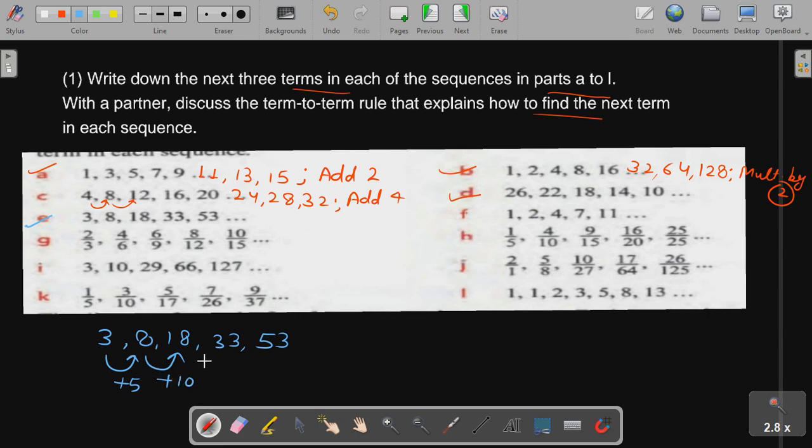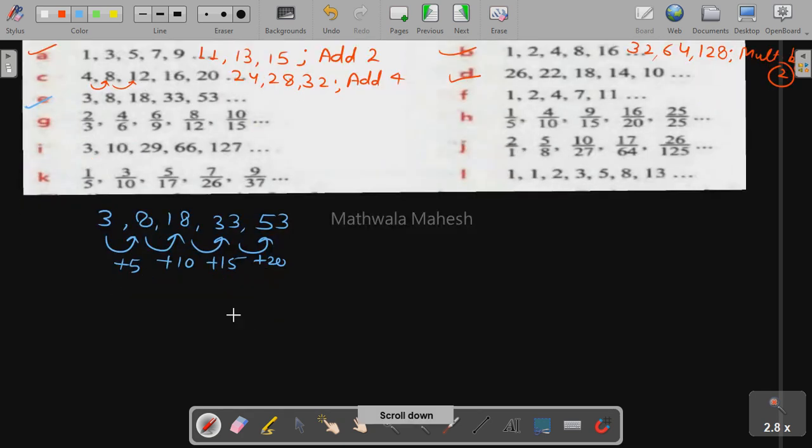Next, we add 10. Next, we add 15. And next, we add 20. So you can see that we have to add 5, 10, 15, and 20.